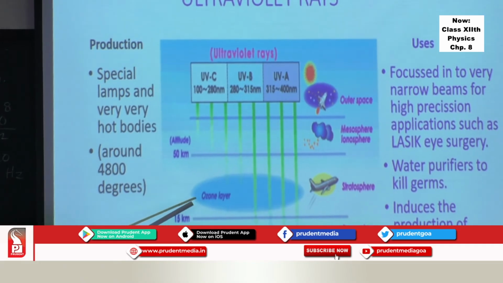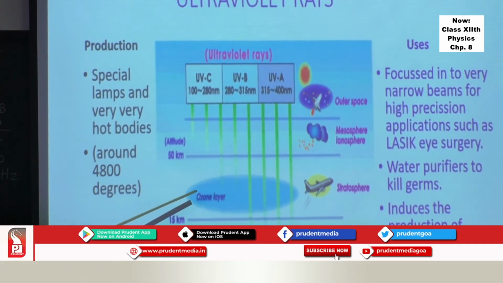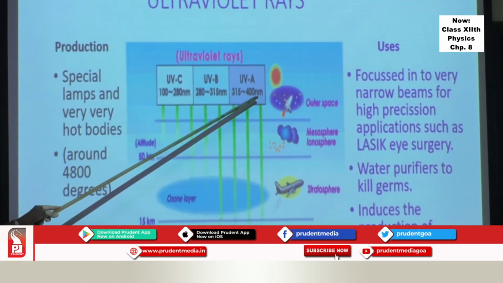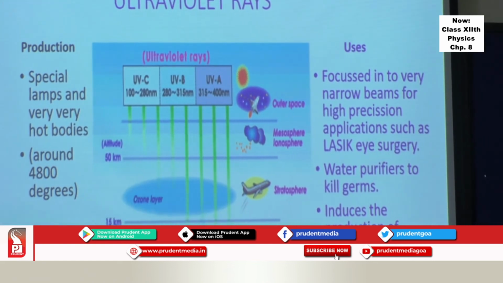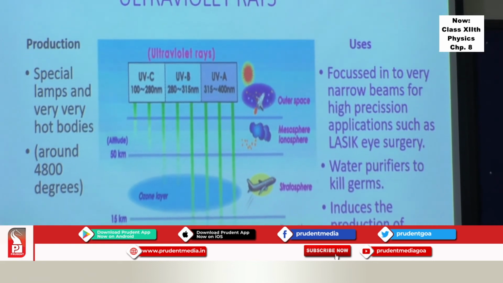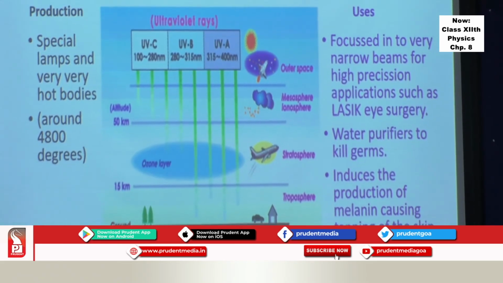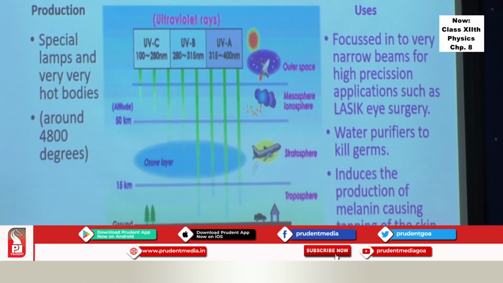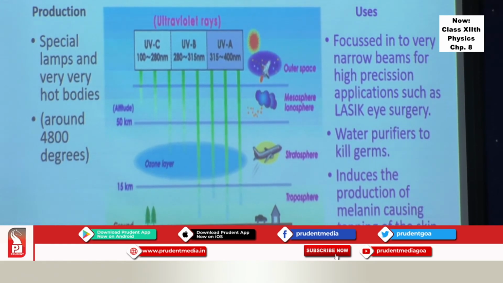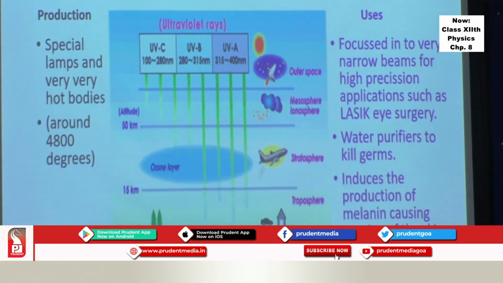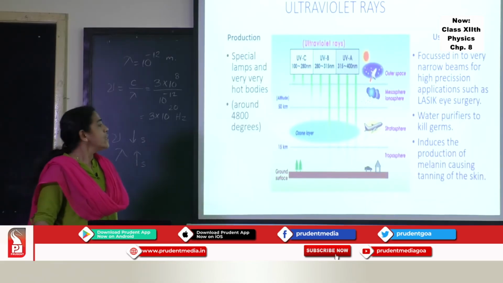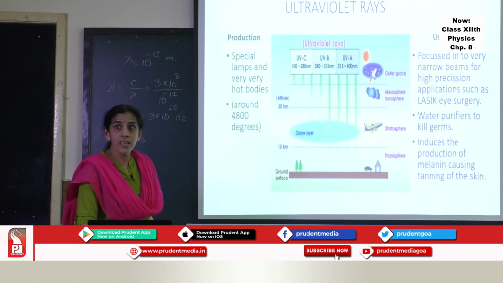The lower the wavelength, the more it blocks. And this wavelength and all can reach. Therefore, these ultraviolet rays, which are reaching the ground surface, are what we are getting tanned by. Okay. Vitamin D production.